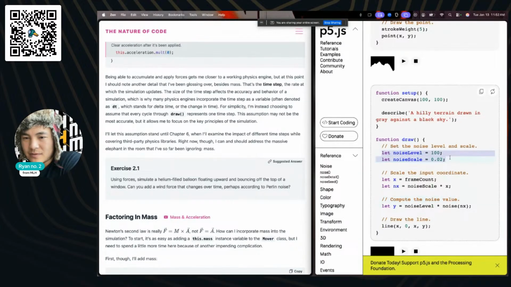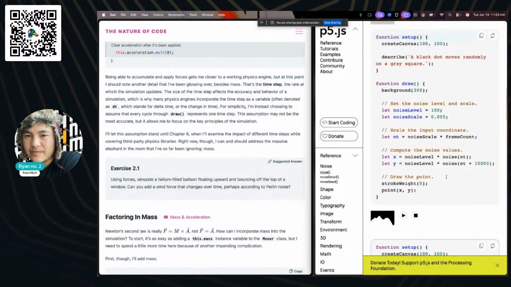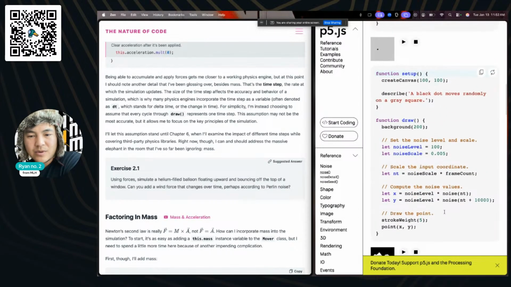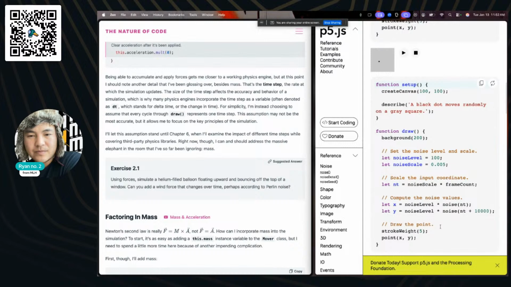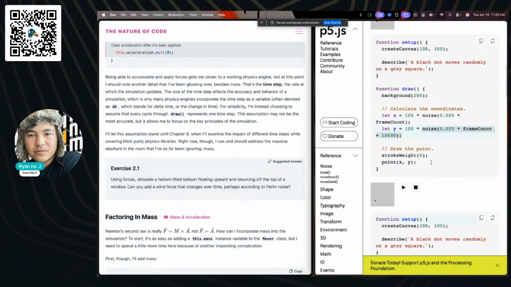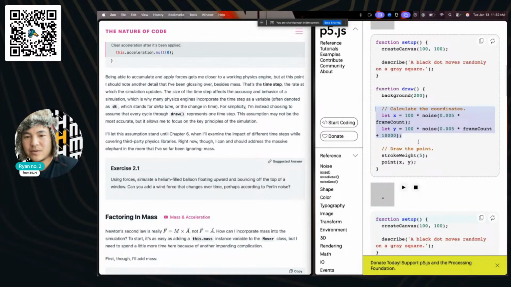Let noise level exist, frame count, noise scale. That's a lot of things. I don't think we need that much. I'm pretty sure we only need, let's just copy over this stuff and then we'll use that.